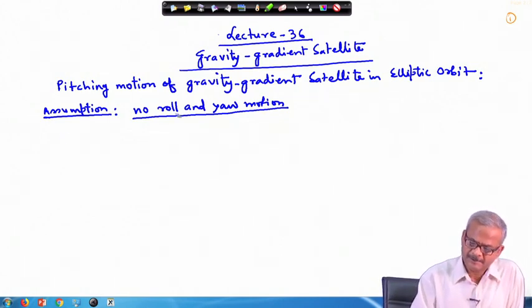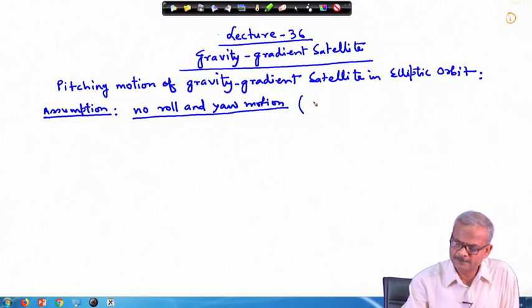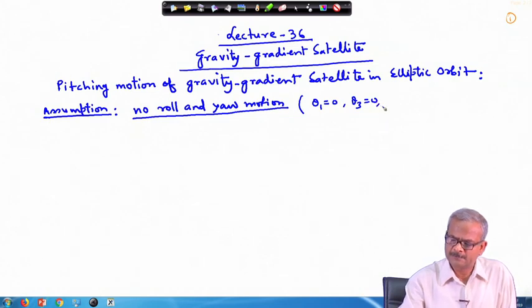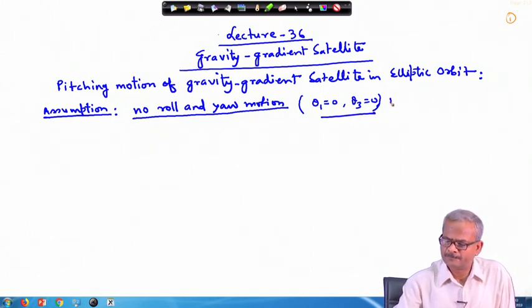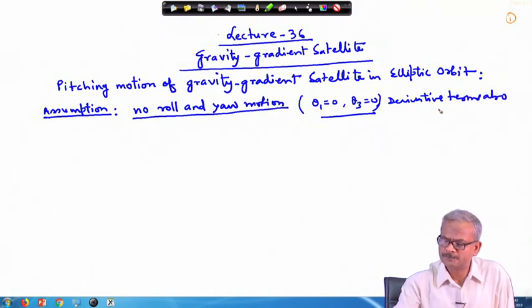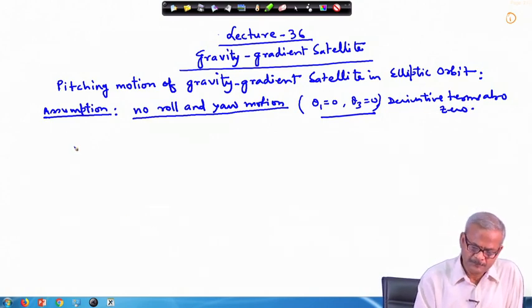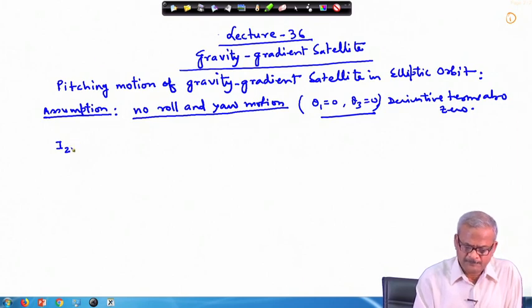So, let us write that if there is no roll and yaw motion, it means theta 1 will be 0 and theta 3 will be 0, and therefore, the related derivative terms will also be 0.